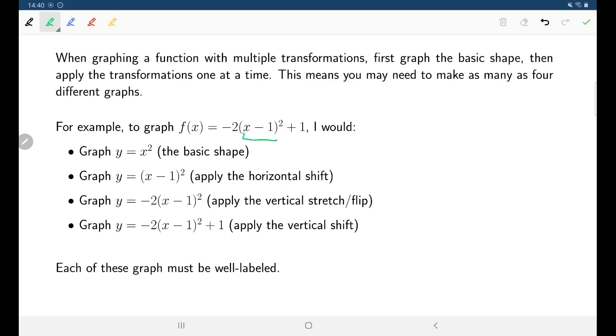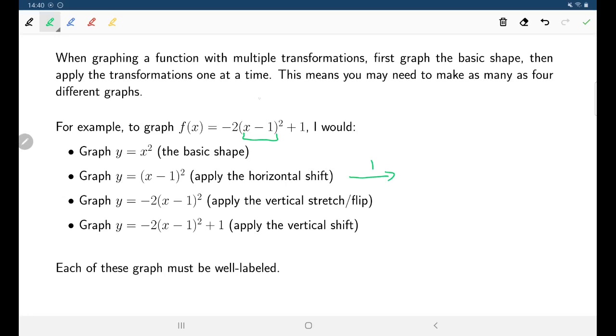Our first transformation is one where we have x minus 1. That's an amount being subtracted just from the x's. We know that that means it's a horizontal transformation. In this case, it's a horizontal shift, and it's a shift of 1 unit to the right.